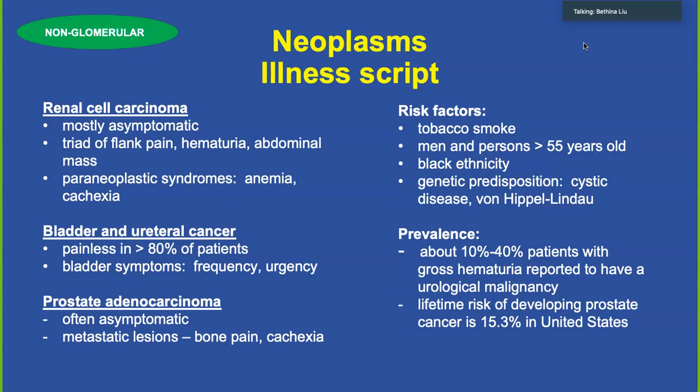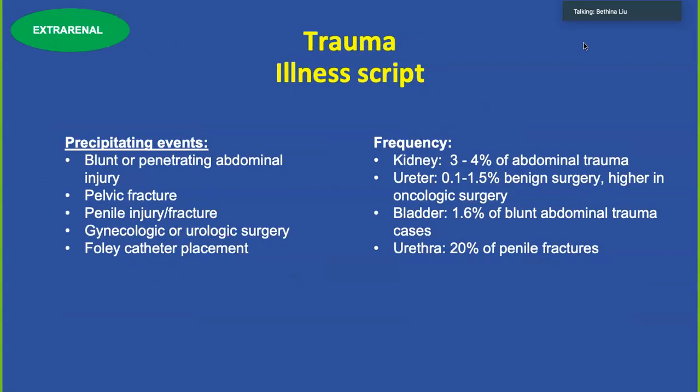About 10 to 40% of patients with hematuria were reported to have a urological malignancy, and the lifetime risk of developing prostate cancer is about 15.3% in the US.